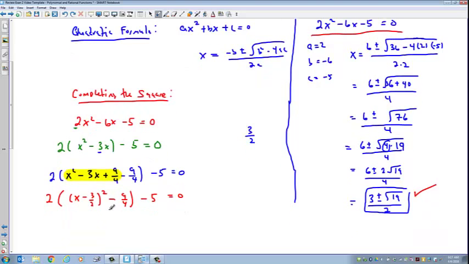All right, so this is a perfect square right here. And then we'll multiply through by 2, so we get 2 times x minus 3 over 2, quantity squared, minus, if you multiply 2 times 9/4, you get 9 halves. All right, so it's this times this, and this times that. So the 2's cancel out top and bottom. And then minus 5 equal to 0.